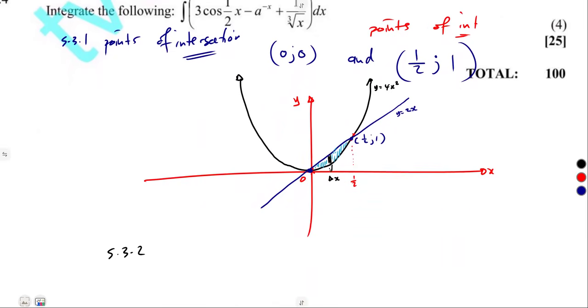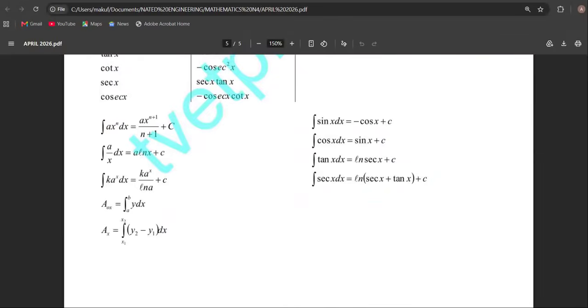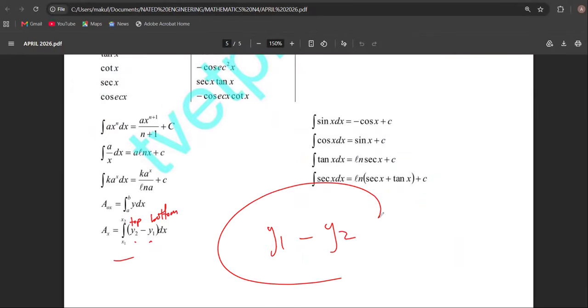So the area with respect to x can be calculated, as we do understand that when the two graphs are enclosed, you can use the formula given from your formula sheet, y2 minus y1, simply the one on top minus the one on the bottom, because you can even use y1 minus y2, as long as you understand that the one that you're subtracting is the one on the bottom.